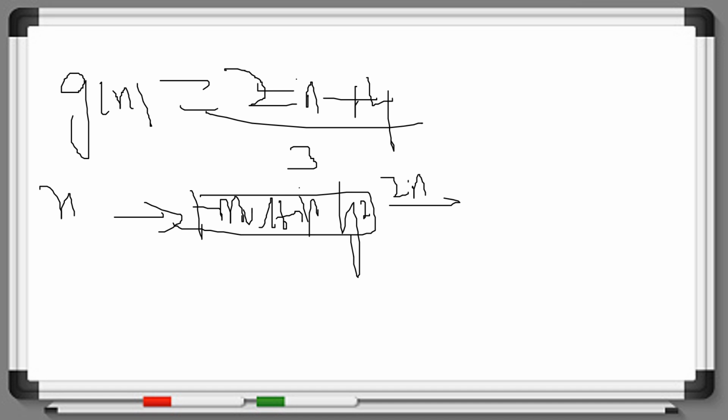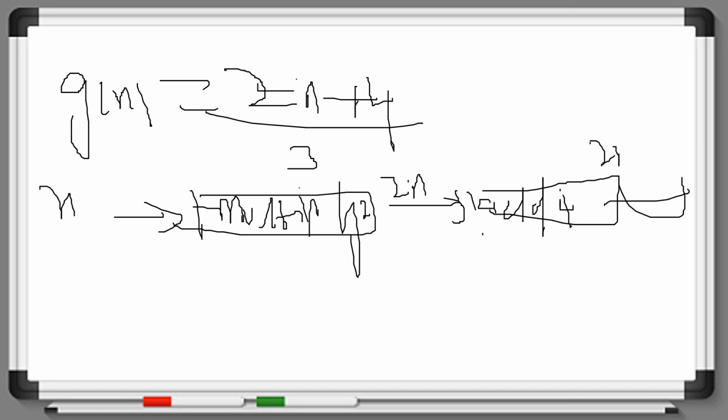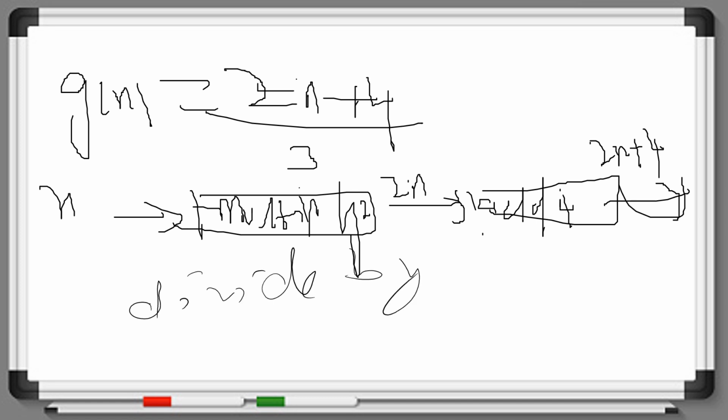In this I add 4, I added 4, so it becomes 2x plus 4. After addition, then what I am doing, boys? I divide by 3. So it becomes 2x plus 4 by 3.